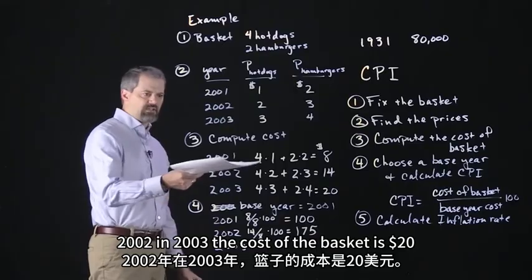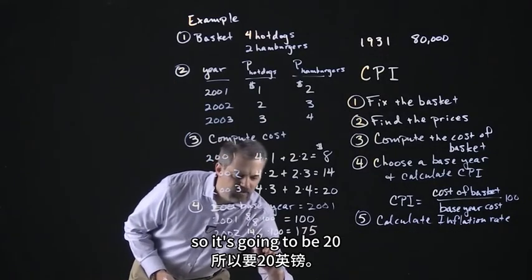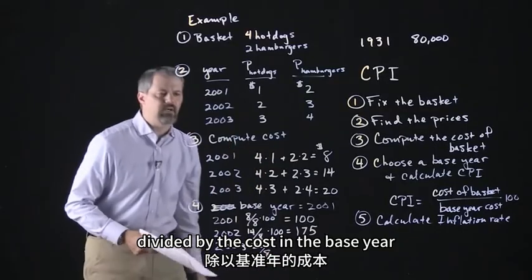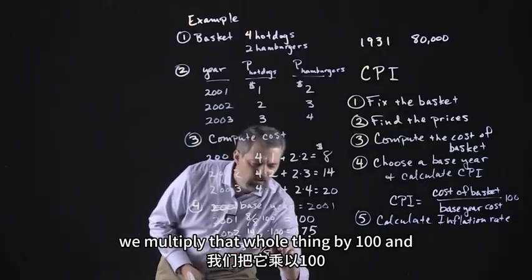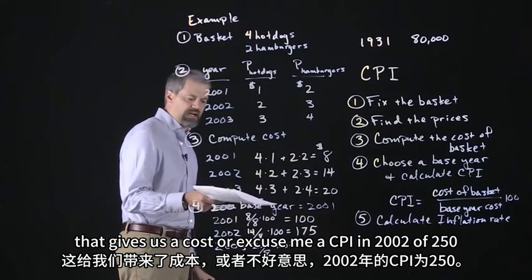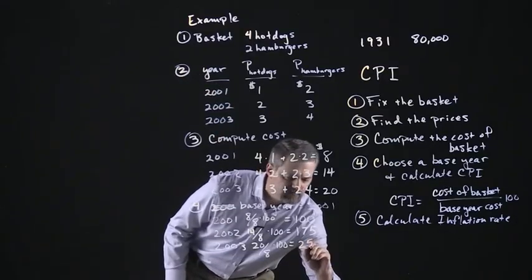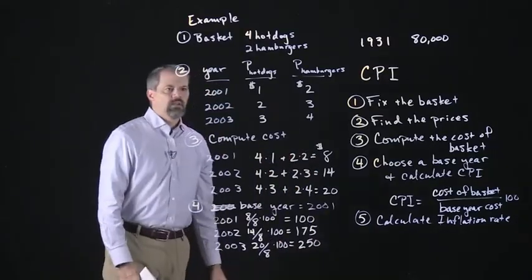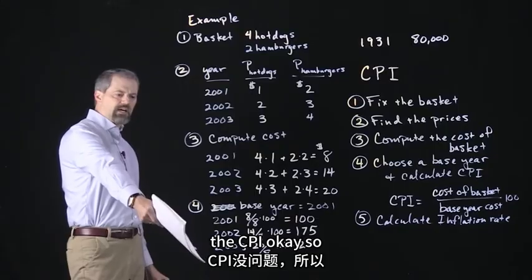In 2003, the cost of the basket is $20. So it's going to be 20 divided by the cost in the base year, which is still 8. We multiply that whole thing by 100, and that gives us a CPI in 2003 of 250. So now we've got the CPI.